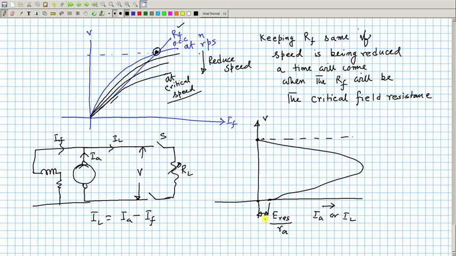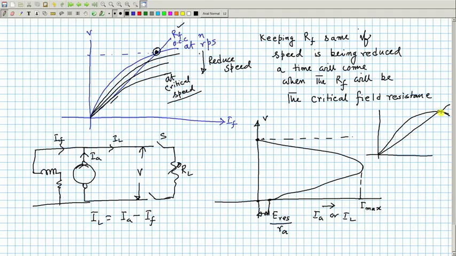Residual field voltage is very small. So, V equal to 0 means direct short circuit, and therefore, from a shunt generator you cannot draw any current you like. There is a maximum value of the current, and it can be estimated experimentally.